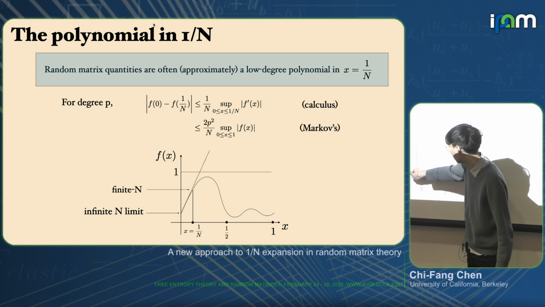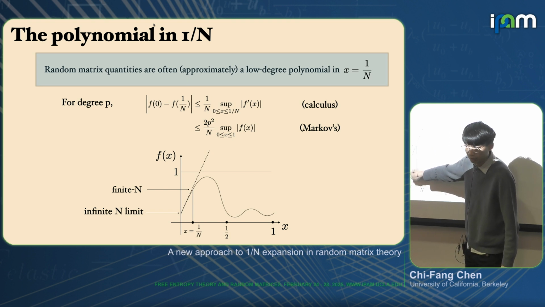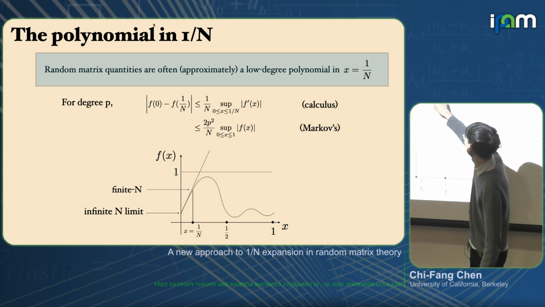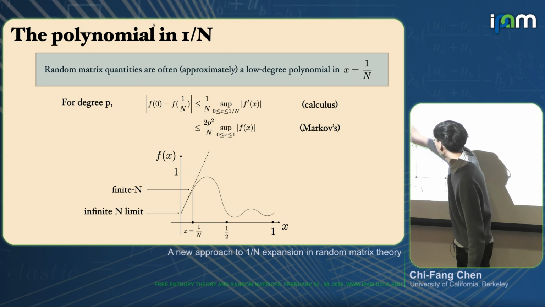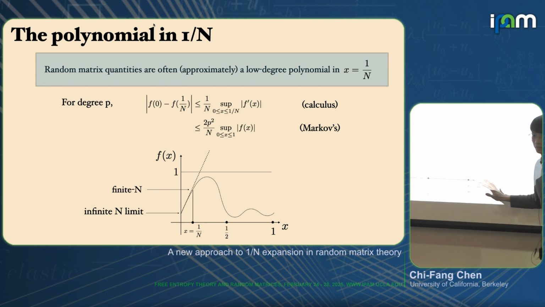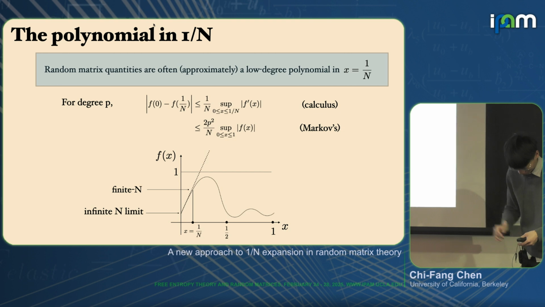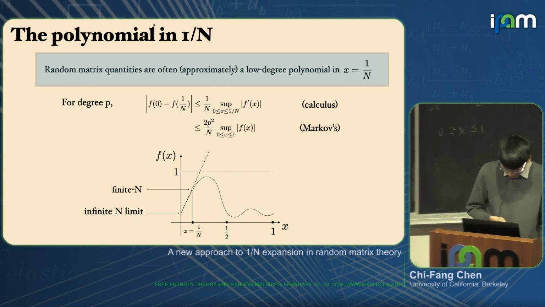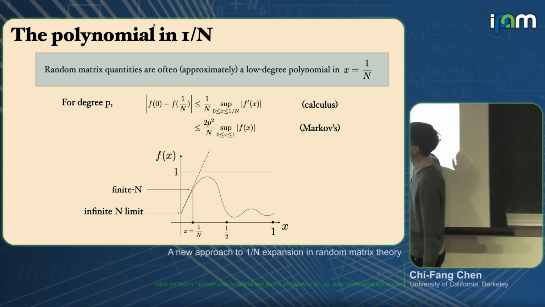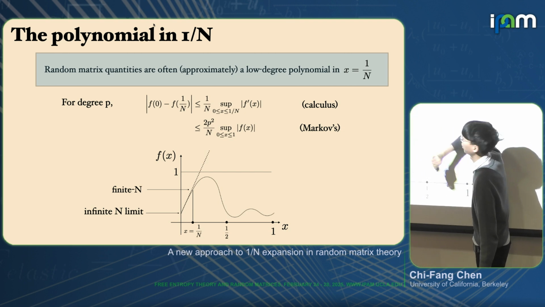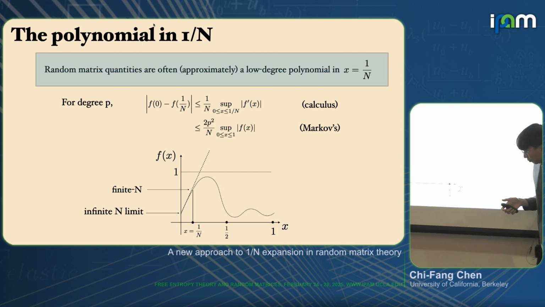What you often know is the limit. If you know the derivative is bounded, it immediately tells you that these two couldn't be too far apart. This is just proof by pictures. Quantitatively, it says that if p is roughly smaller than root n, then it's good.